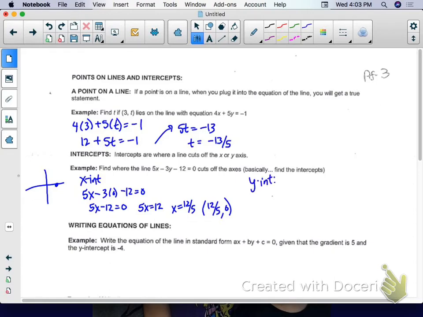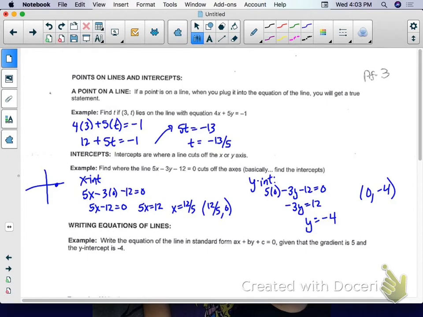Okay, y-intercept, and you don't have to show as much work as I do. You know that when you take it times 0, it's going to cancel out, so you could just cancel it out instead of writing it down. Negative 3y is equal to 12, because the 5 times 0 is just 0. y is equal to negative 4, so (0, -4). Okay.